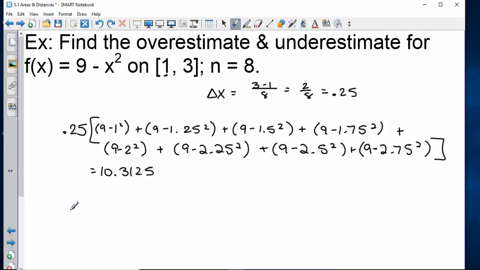When I do the next one, what is the only thing that will change? You don't include the first one, so your first point will be 9 minus 1.25 squared. And you will have all the others except you have to add in one more point at the end, so it would be 9 minus 3 squared. So if you type all this in, you can just hit second enter, bring it back, change your 9 minus 1 squared to a 9 minus 3 squared.